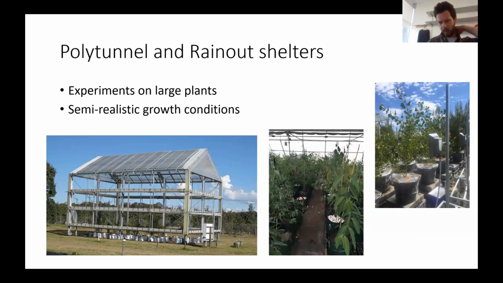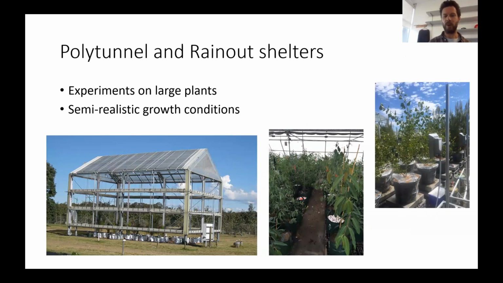Slightly more controlled are rain exclusion experiments with a fairly significant setup still. On the left is a rain exclusion shelter at the HIE at Western Sydney, where the roof and the walls can be opened or closed, closing if a rain event is approaching.